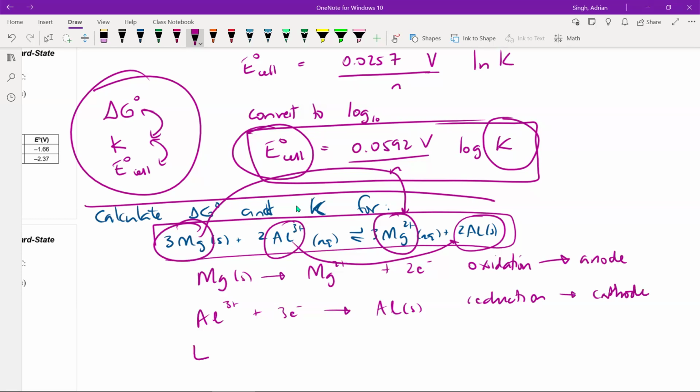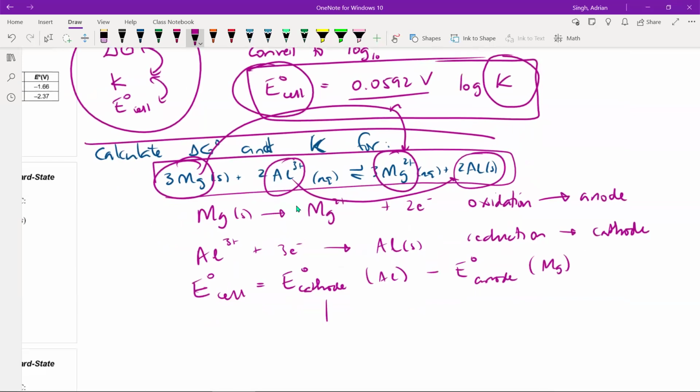So for E of our cell, we can calculate that as E of the cathode, in this case the aluminum, minus E of the anode, which is going to be the magnesium. We can look these values up in our tables and then just substitute them into this equation.